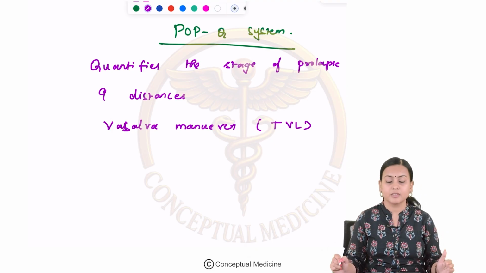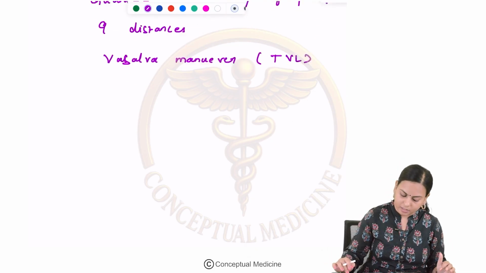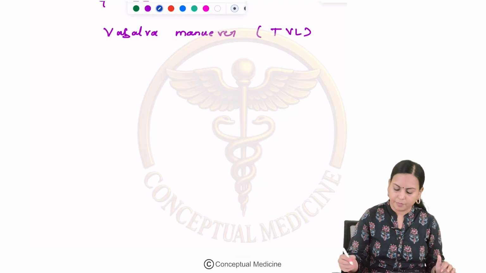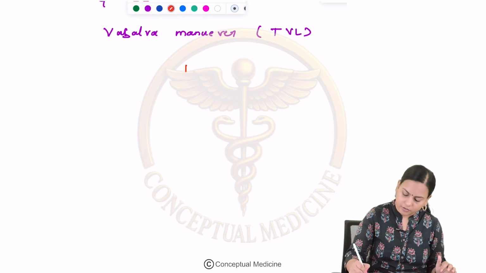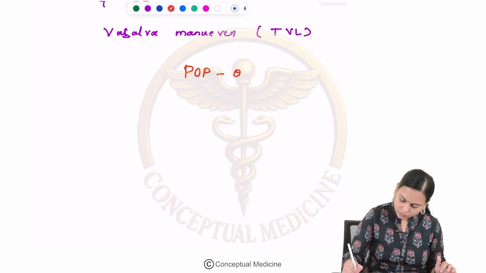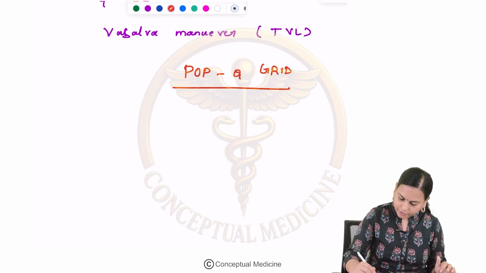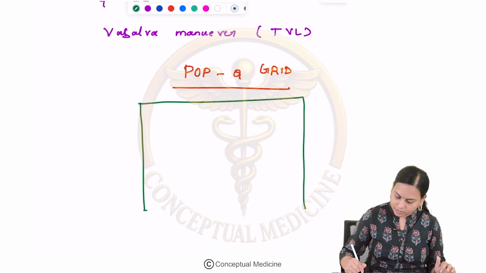TVL is nothing but total vaginal length. Okay. We have a POP-Q grid. So, POP-Q grid means, let me draw it so that you will understand. Okay. It consists of 3 rows and 3 columns and 9 values. Okay.